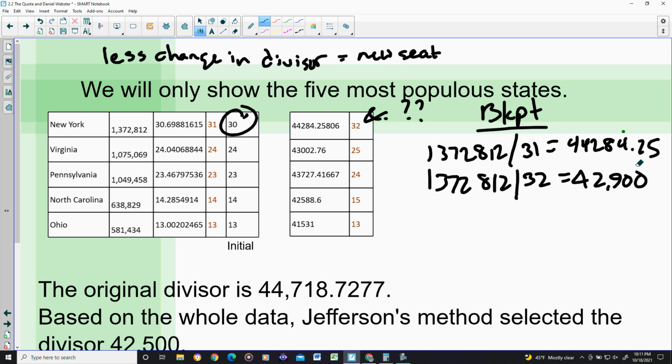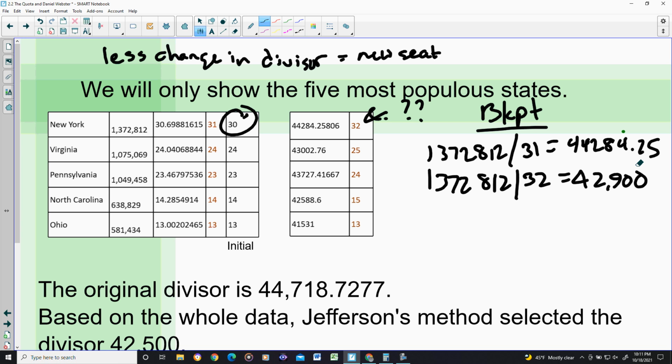So, and this is because New York has such a large population and it has so much initial quota that the change in the divisor needed to make all these moves is very, very small. So 44,200 is good for the first, but then at 42,900, that quota has increased enough to go over 32.